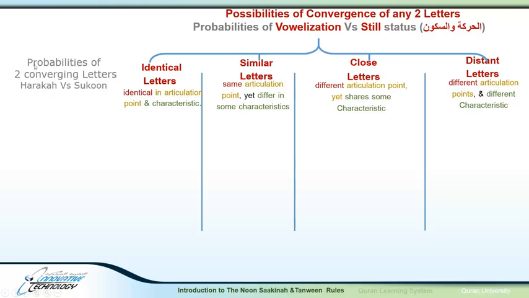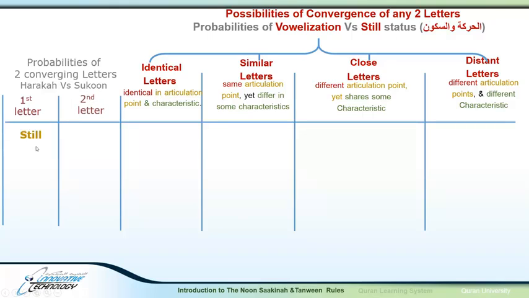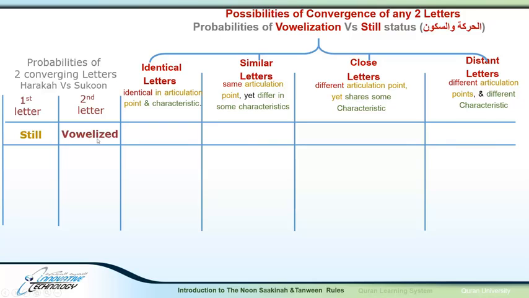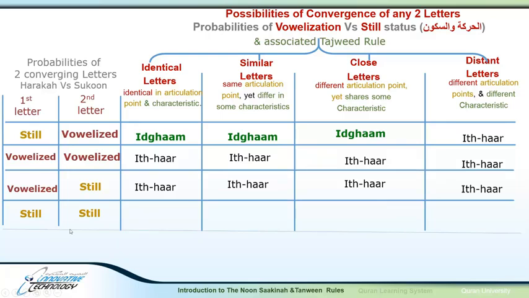Those four probabilities are based on the first and second letter's haraka and sukun, where the first probability was having the first letter being still and the second letter being vowelized. And then we mentioned that the associated Tajweed rules will be based on this order. So with this first situation, there was idgham and idhar. And then there were the other three possibilities with the Tajweed rules associated with them.